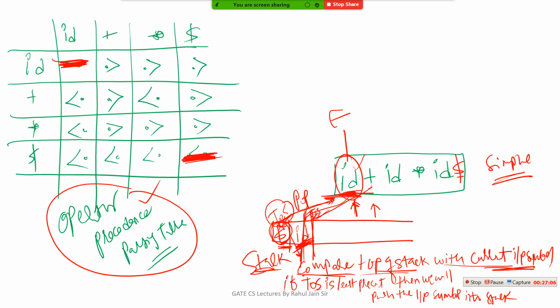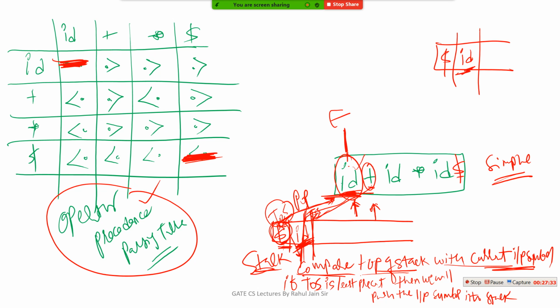So I am again repeating here. Initially my stack is empty, so I compared this ID with this dollar. Top of stack element was less precedence, so I pushed ID into it. Next I got the plus sign. When I compared this plus with ID, I found that my top of stack element has higher precedence.